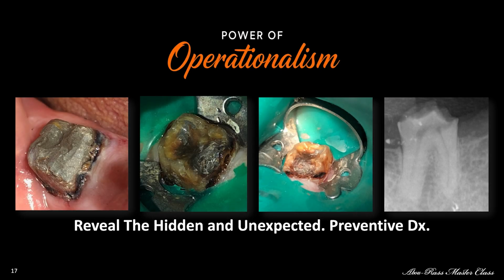My philosophy is operationalism. I advised the patient to remove the bridge, which was almost 25 years old. It served the patient very well, and thanks to the clinician who did it. So we open and we see this: caries. We clean the caries, we remove the old restorations, glass ionomer cement, and this is what we find.